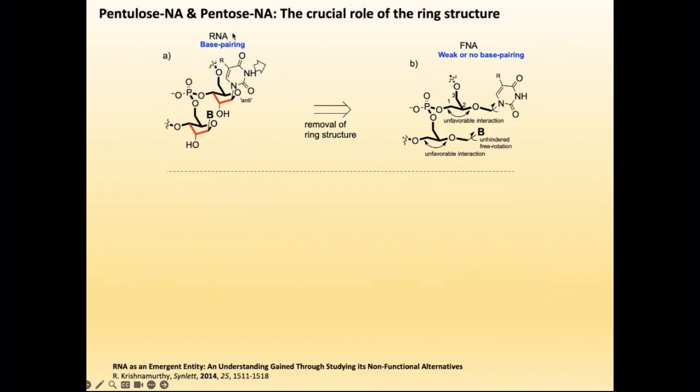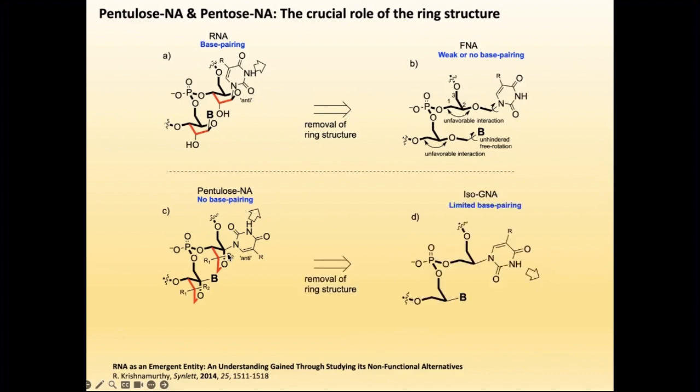So you went from a good base pairing system, and you lost the base pairing. But in our case, where the pentulose has the same cycle, but the bases are on the same side, we removed the cycle, and we made a better base pairing system. So here, we lost the base pairing properties, but here, by doing the same operation of removal of ring structure, we gain base pairing properties.